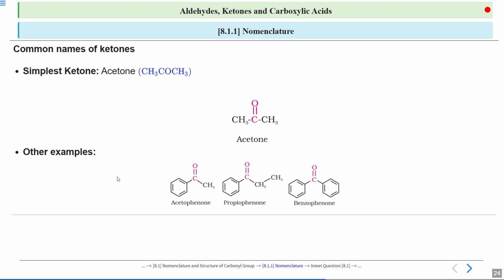First you write the name of the acyl group, and then you add the suffix phenone. Over here the acyl group is the acetyl group, so this is acetophenone. This is propiophenone, and if there is a benzene ring or phenyl on both sides, its name is benzophenone.